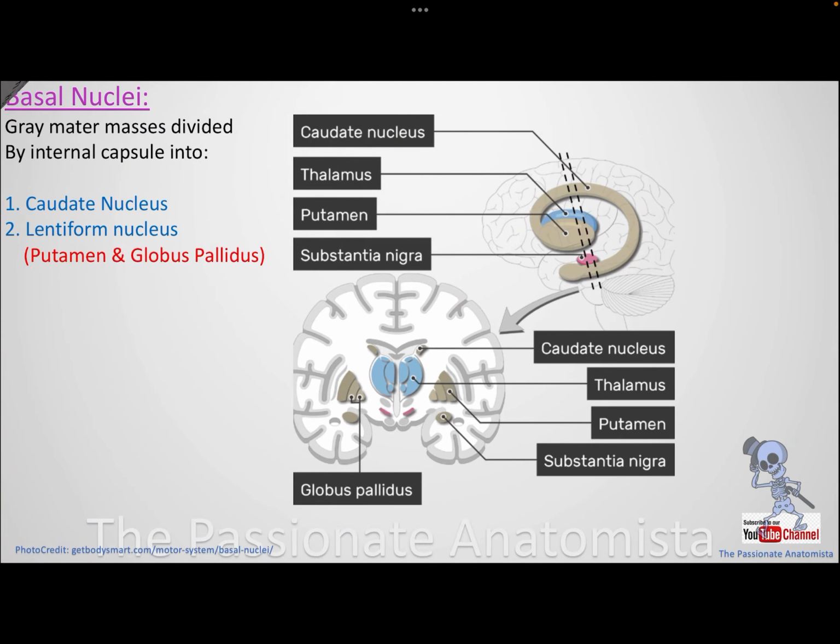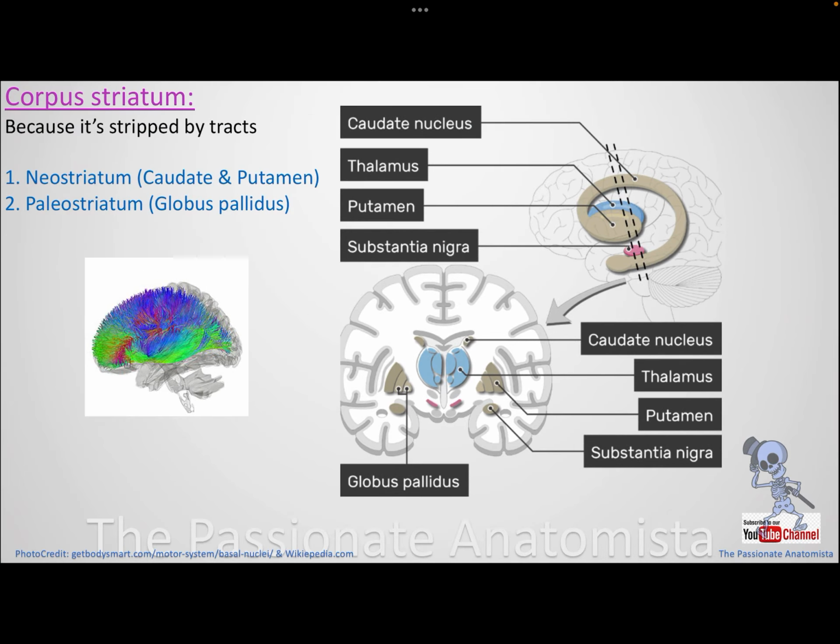Okay, now there is another name for that, what we call the corpus striatum. Okay, where is the corpus striatum? Here, the corpus striatum. Why do we call it corpus striatum? Because it's striated by those descending tracts. You guys have connections coming in and out from the cortex, because cortex is our big boss.